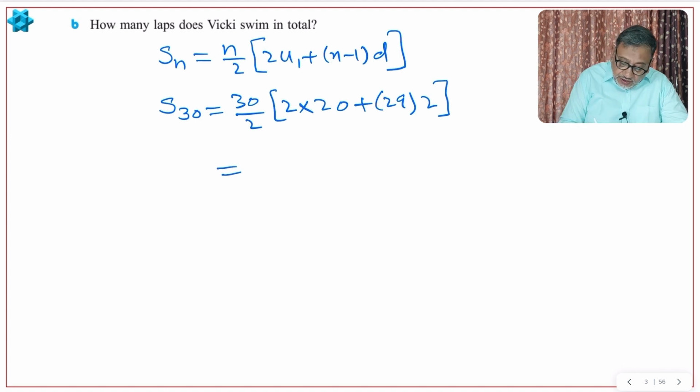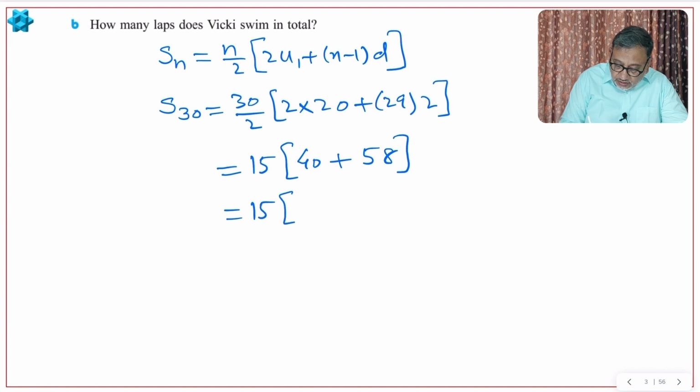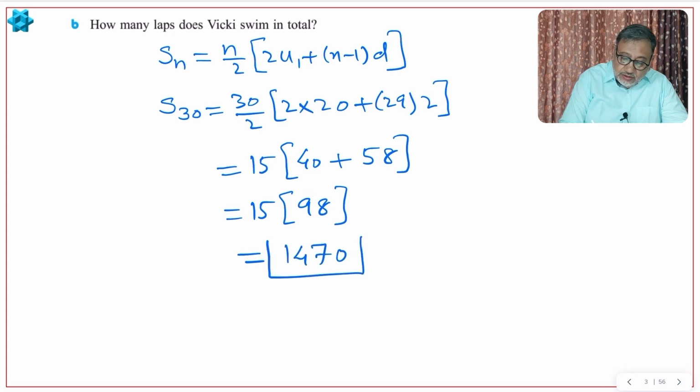If you are asked to do it in paper 1, it is 15 into 98, since 40 plus 58 is 98. Now you have to multiply 15 into 98. So the answer is 1470. This is the answer for the total number of laps in 30 days.